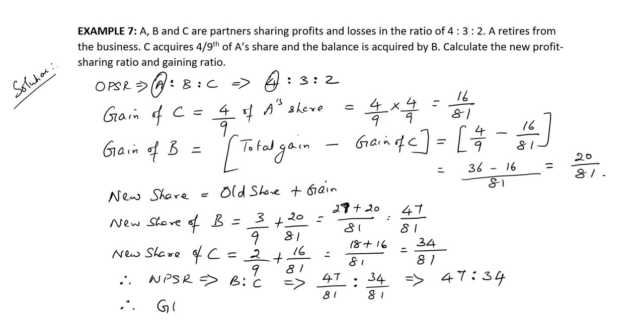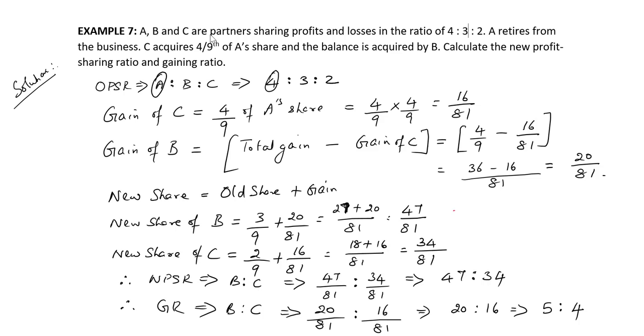Also, gain ratio between B and C is equal to gain of B, which is 20 divided by 81, is to gain of C, which is 16 divided by 81, which can be written as 20 is to 16, which can be further simplified as 5 is to 4.